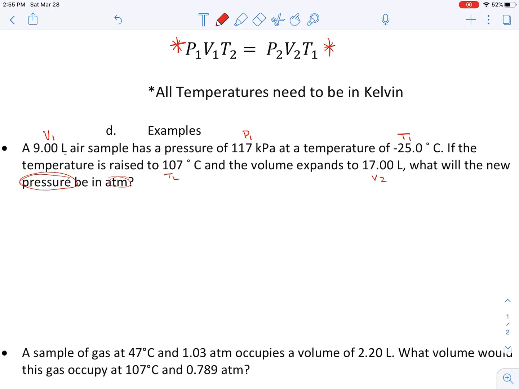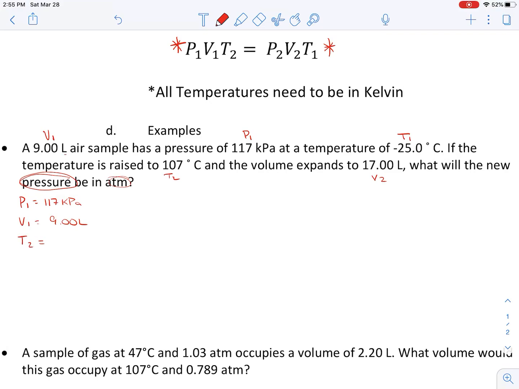Just like with Charles' law, I encourage you to write what you know out to the side, so that you keep it all in order with T2 and T1 on the right side. P1, we know, is 117 kilopascals. V1 is equal to 9.00 liters.